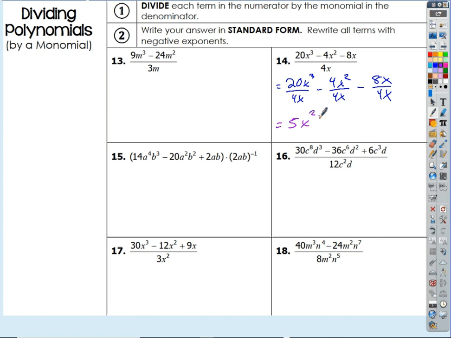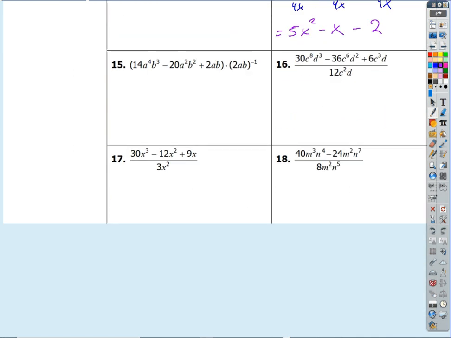Because I got like bases, so I subtract exponents. What's 4x squared divided by 4x? X, good. And then 8x divided by 4x? Easy, right?